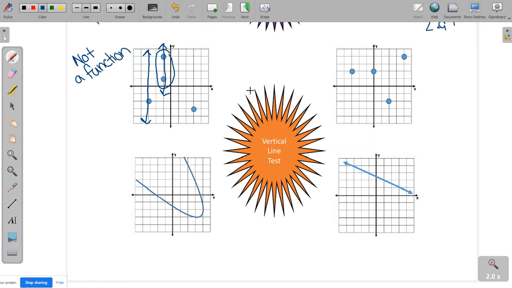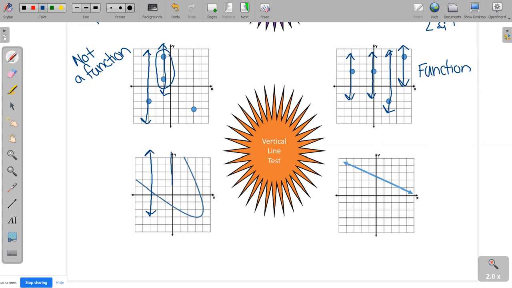And we use a vertical line test for this one. Let's look at these points. Let's draw straight vertical lines up and down. And there is only 1 point per line there, so it is a function. And it passes the vertical line test. Let's look at a graph now. Let's just draw our lines.